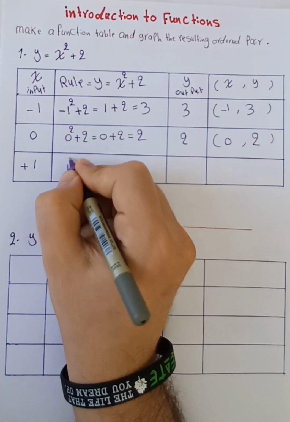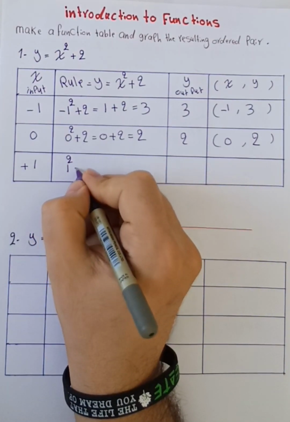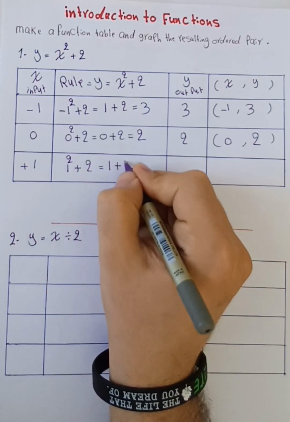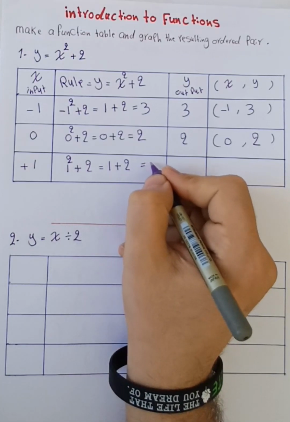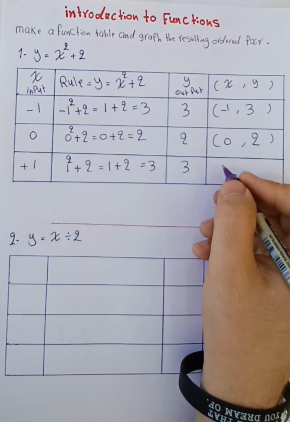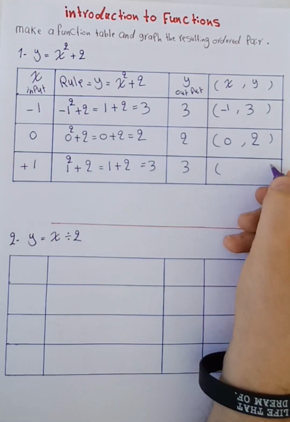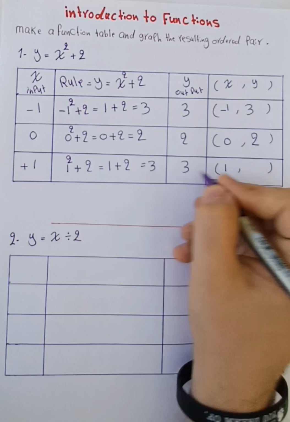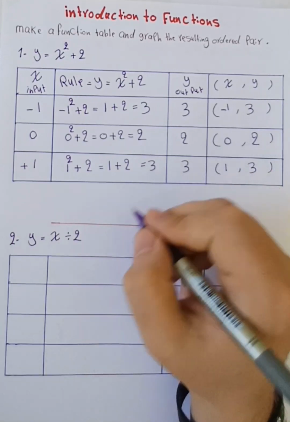So we have 1 squared plus 2. 1 times 1 is 1 plus 2 equal to 3. So the value for y output is 3. The ordered pair is x is +1 and y is 3.